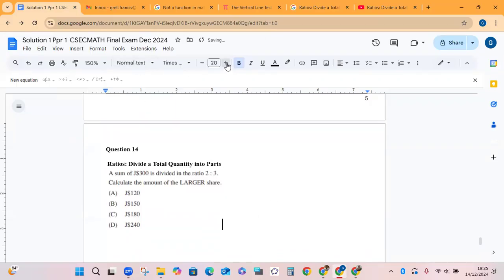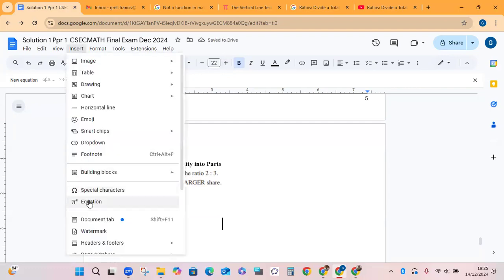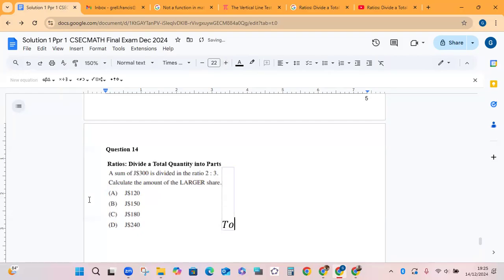So first, let's find the total parts. That will be equal to 2 plus 3, that's 5.